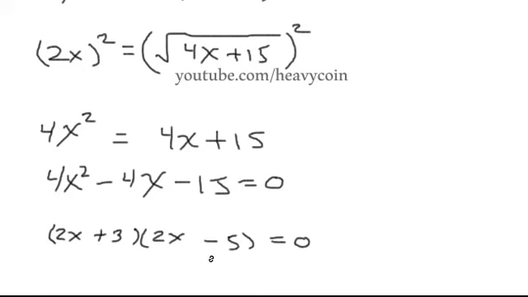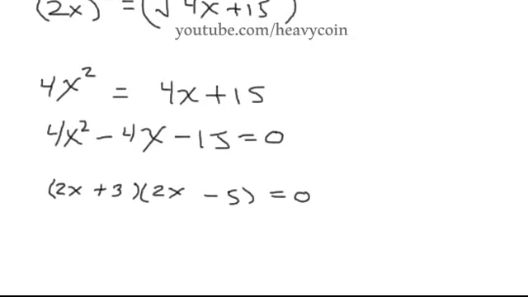And of course you set both of these equal to 0 and solve for x. In the section on factoring polynomials or trinomials, this is a polynomial, it's also a trinomial, I go over factoring. So anyway, now that we've factored this thing, we want to set both of our factors equal to 0.